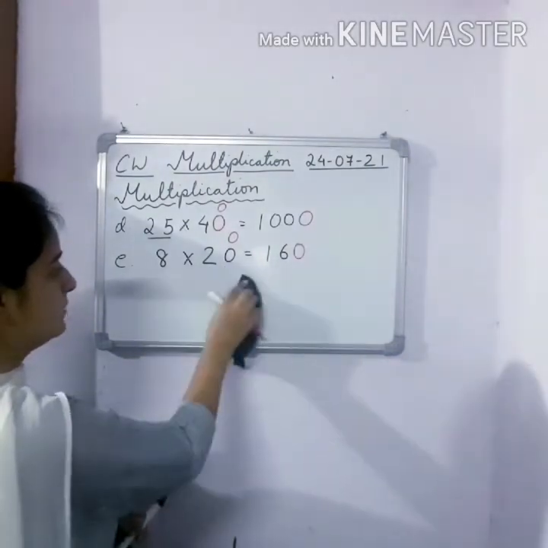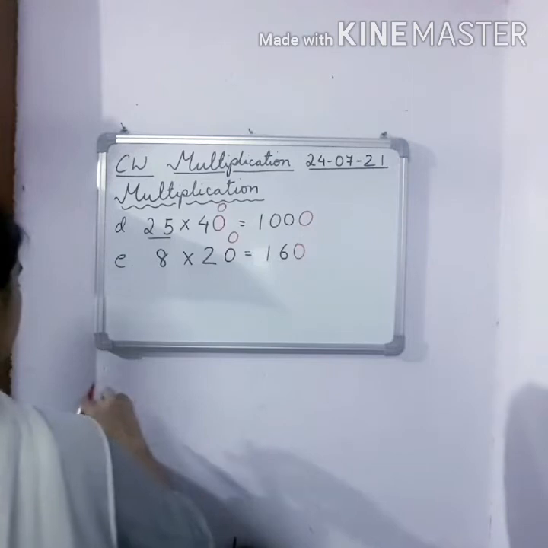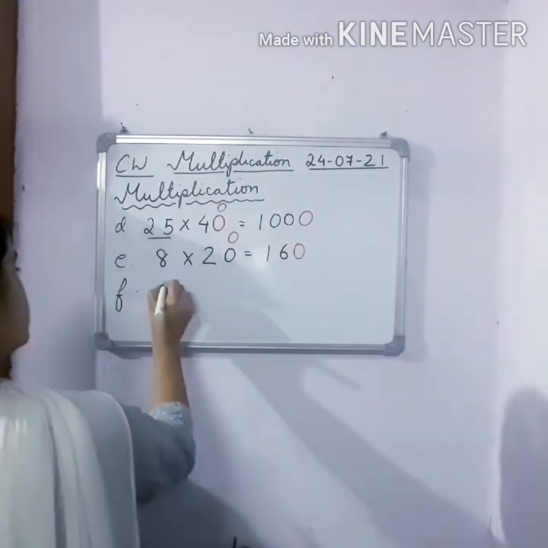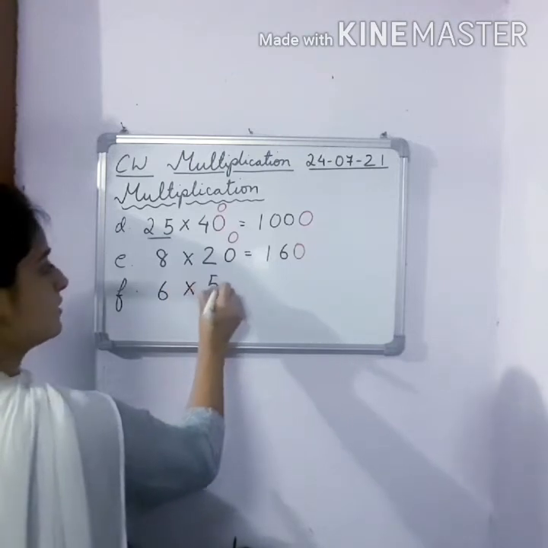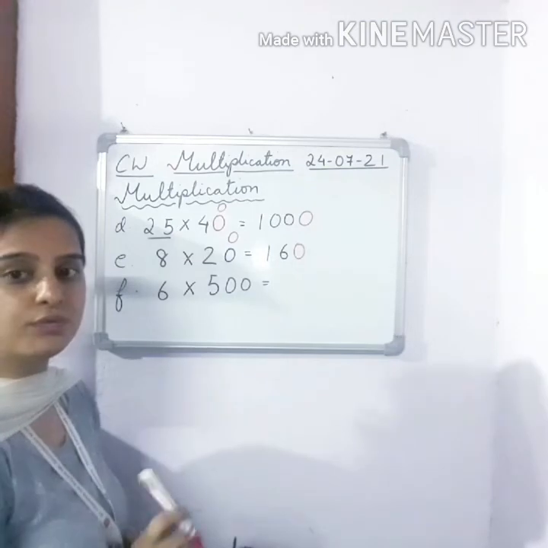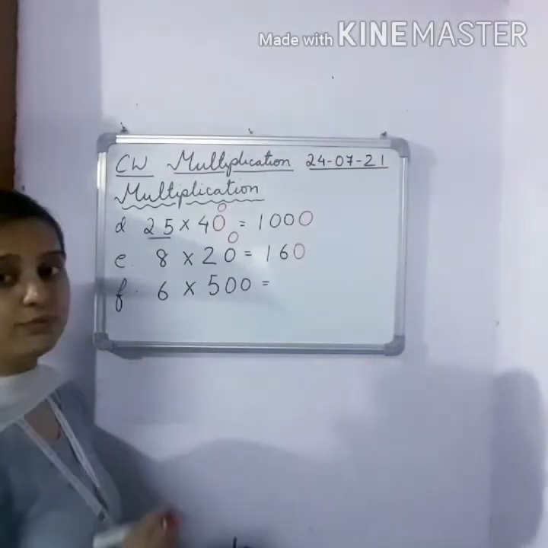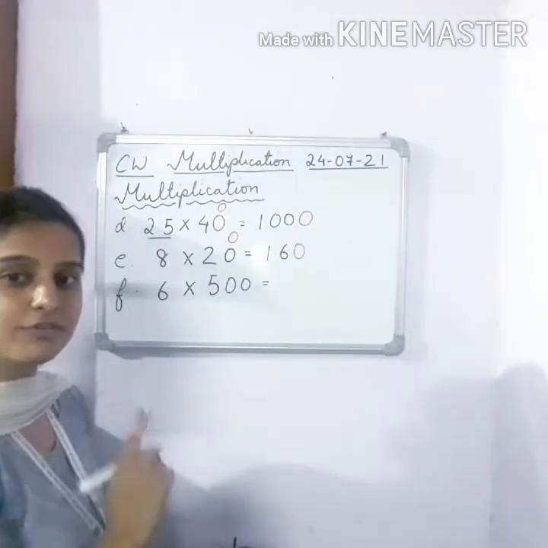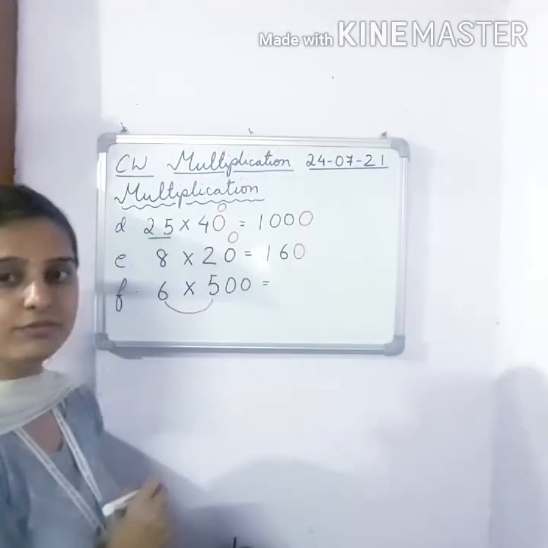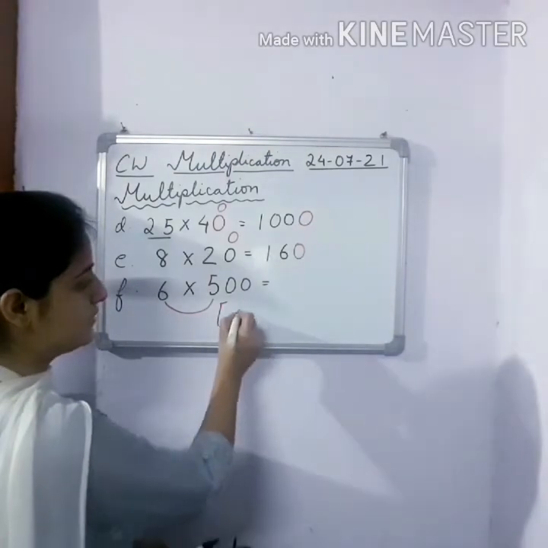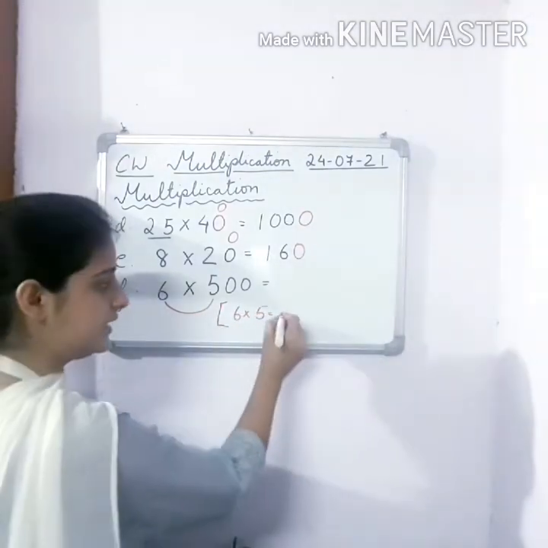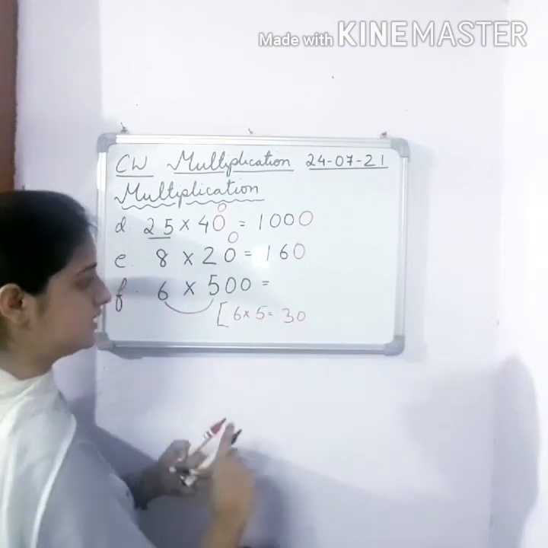Let's do one more. 6 into 500. So children, what we are going to do? First, we are going to multiply 6 and 5. So 6 fives are 30, right? So we'll write here 30.